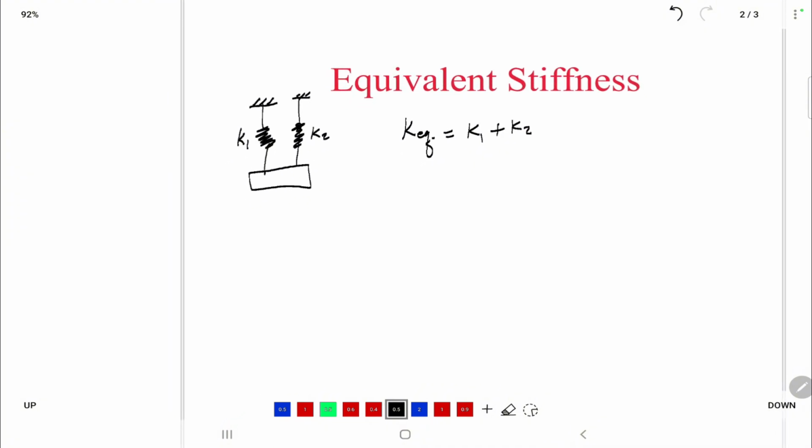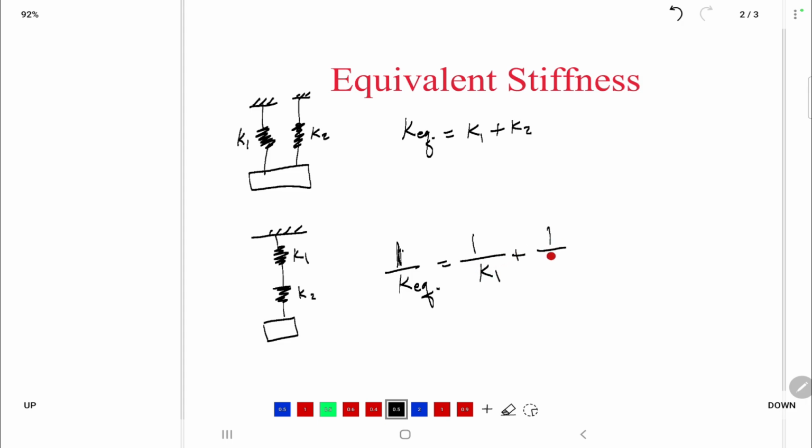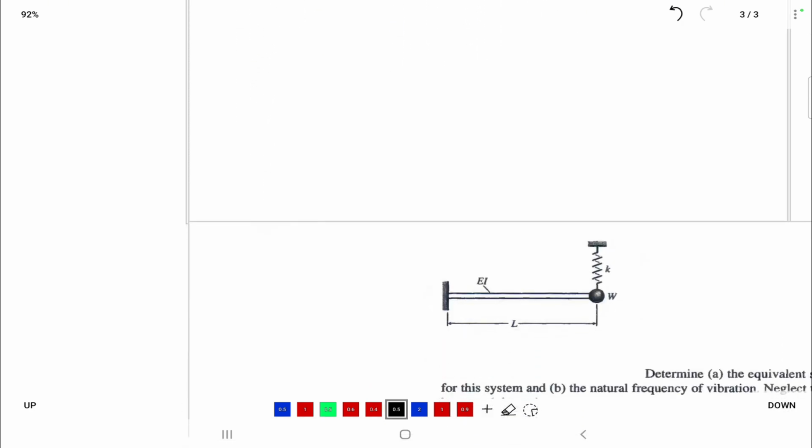We also considered another case in which the springs are in series, K1, K2, and we learned that 1 over K equivalent equals 1 over K1 plus 1 over K2. Today we will go through a more complicated, more difficult example and try to solve it.